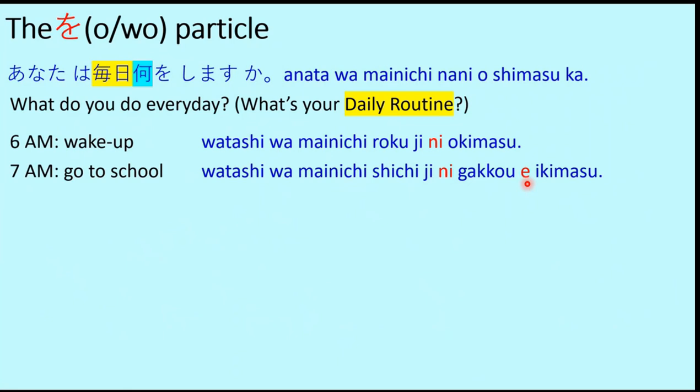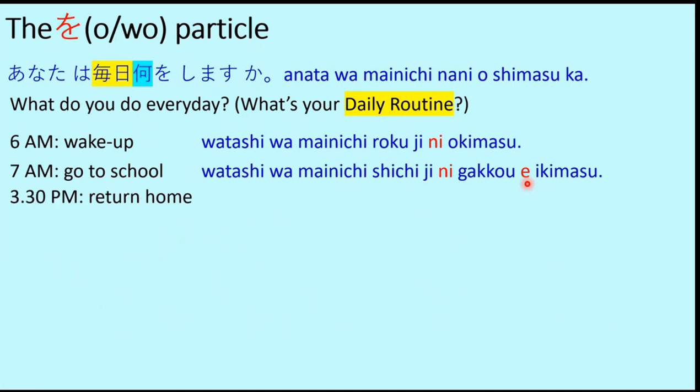I go to school daily at 7 a.m. or 7 o'clock. Since it is implied that the school will be in the morning only, gogo and gozen do not convey any additional information. So gozen need not be written because it is already implied that it will be morning only since it is going to the school.